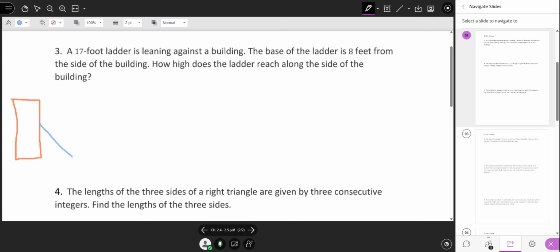Here's my 17-foot ladder. The base of the ladder is 8 feet away from the side of the building. How high does the ladder reach up?